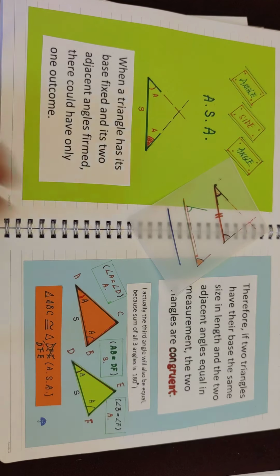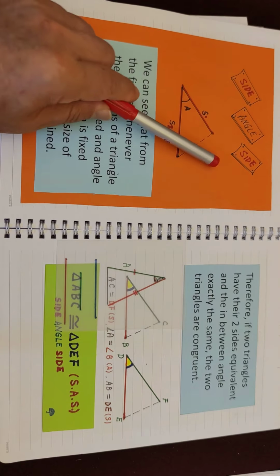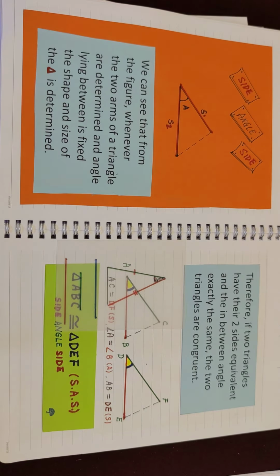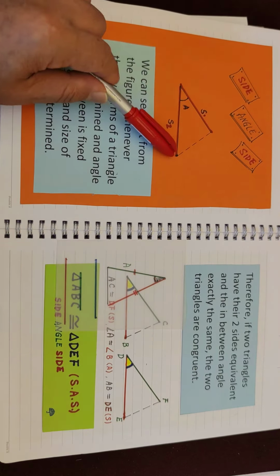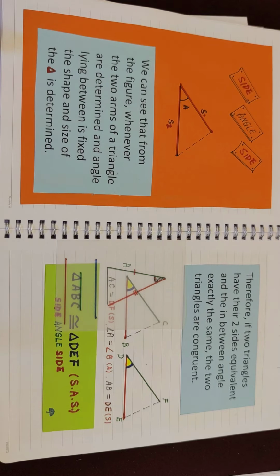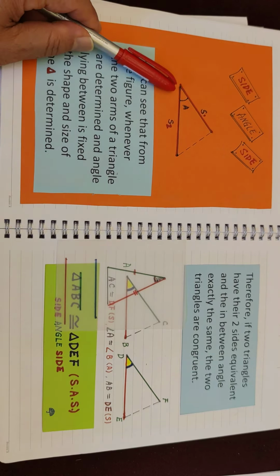In the third case here, SAS, side angle side. We can see from the figure that whenever the two arms of a triangle are determined, this arm and this arm, we cannot change the shape of it without changing the angle in between.